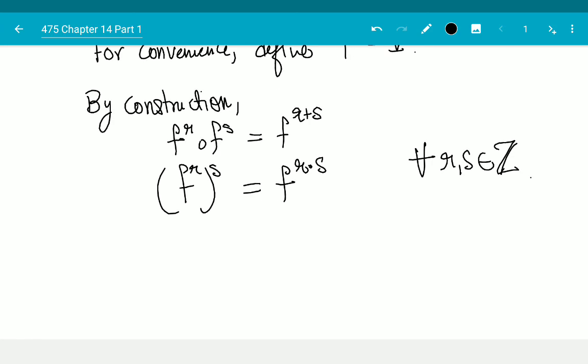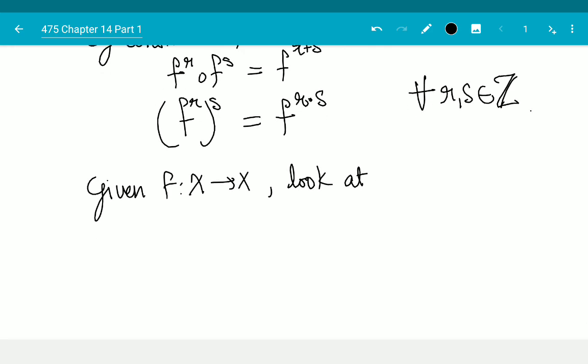Then one final thing for the end of this section. Given a permutation f from x to x, look at the set I, f, f squared, f cubed, dot dot dot, right?